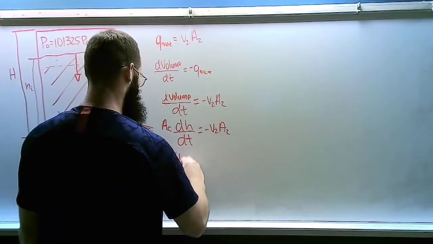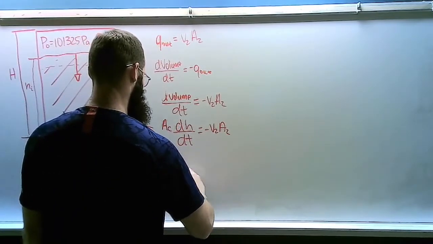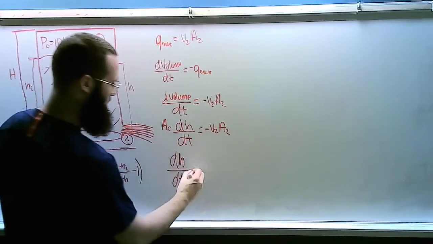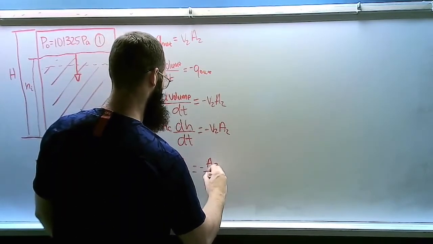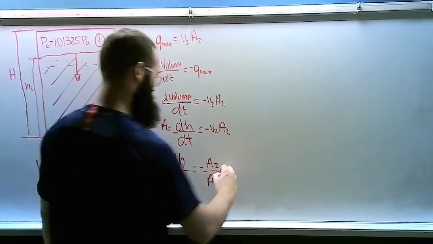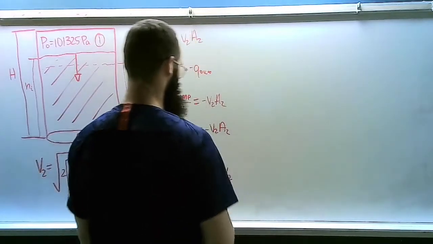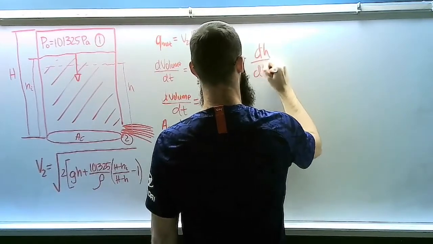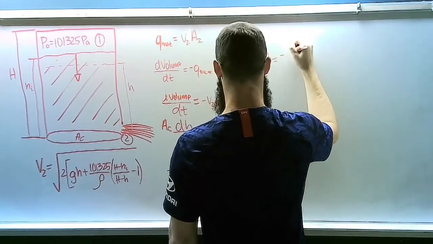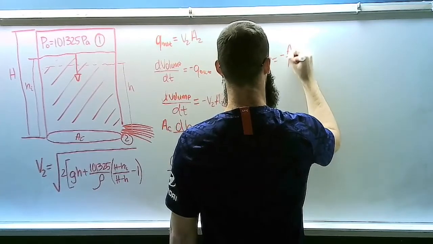So that gives us the differential height dH dt is equal to negative A2 over A1 V2.